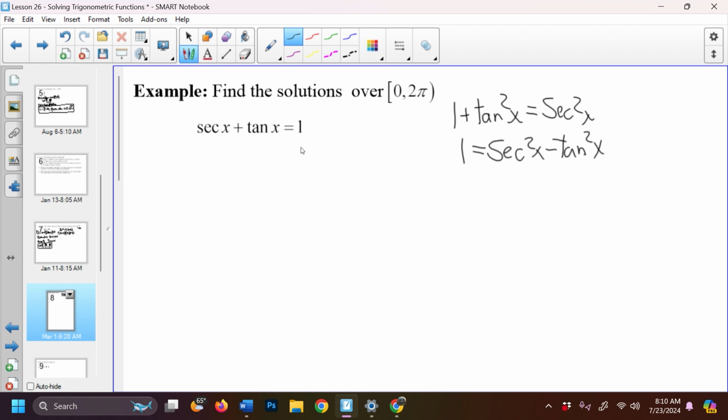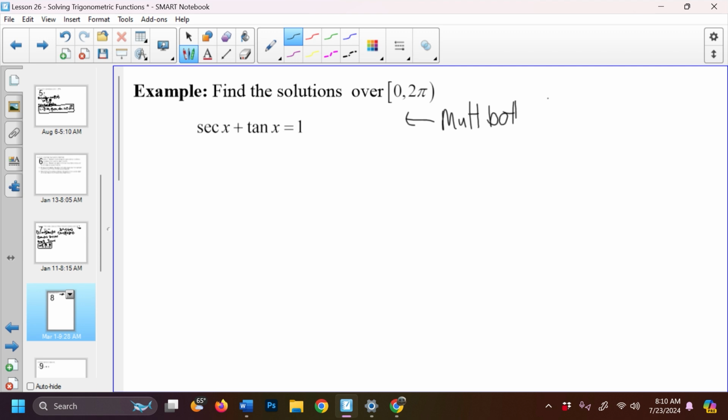And so what I'll do is I will multiply both sides by the conjugate.